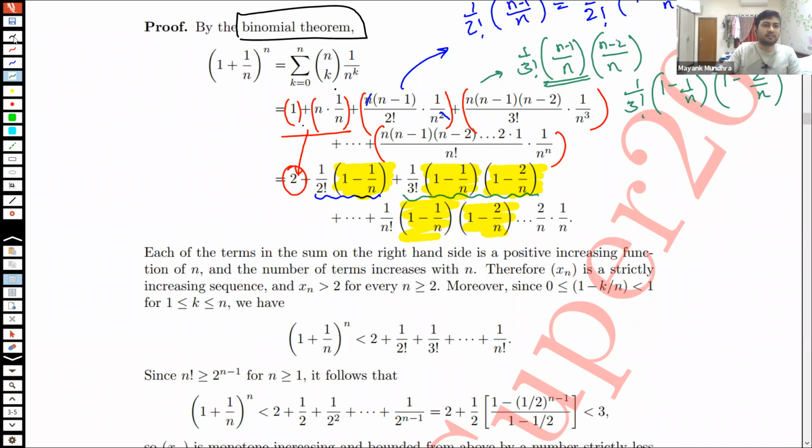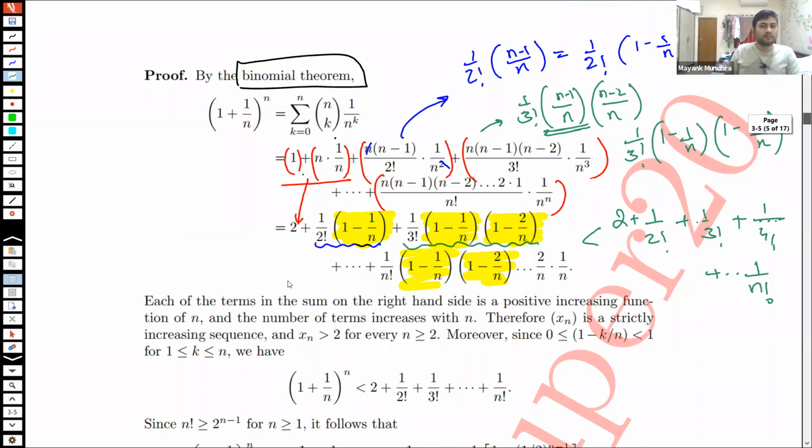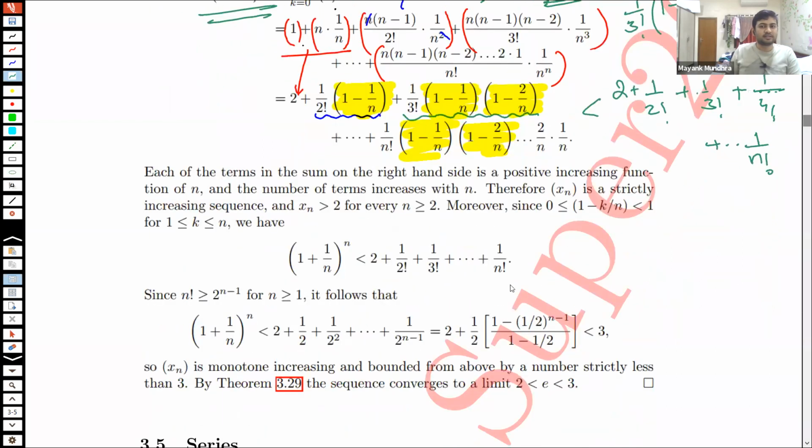So this entire summation will be less than 2 plus 1 by 2 factorial plus 1 by 3 factorial plus 1 by 4 factorial and so on till 1 by n factorial. So the entire summation S is less than this summation because each of these yellow shaded things is less than 1 in magnitude. Okay.